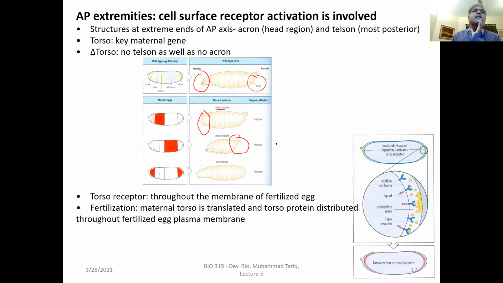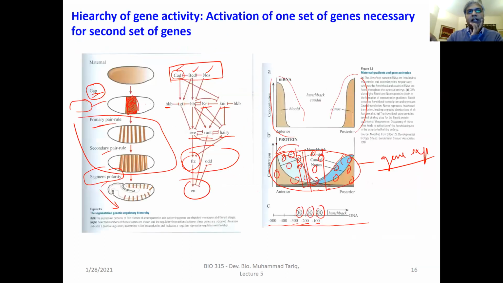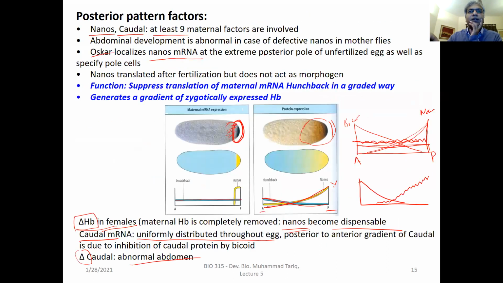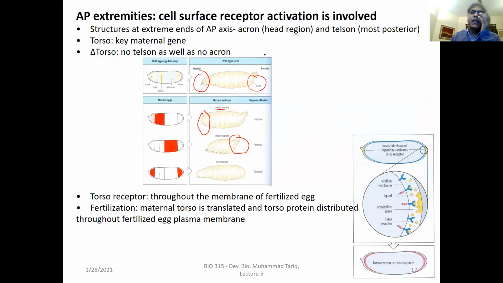Now, what is the torso doing? We have already covered two classes, which were anterior effect genes and posterior effect genes, and then the final one is torso. Now, torso is uniformly present throughout the membrane of the fertilized egg. The molecular function we learned much later when they started characterizing torso.